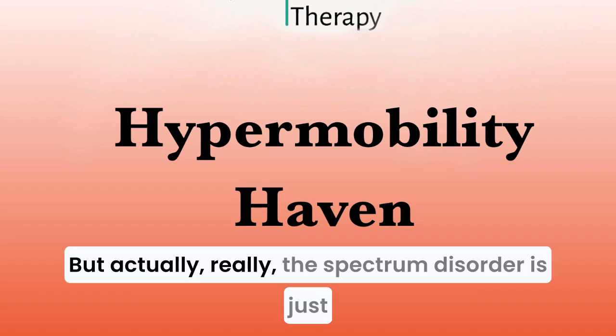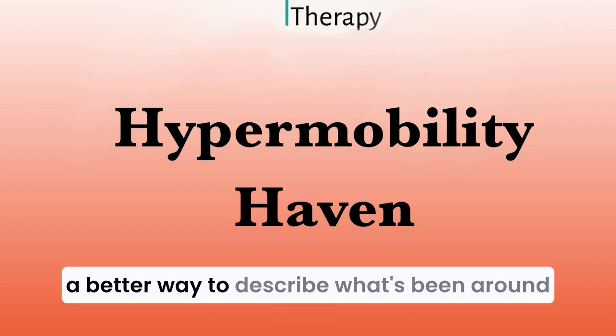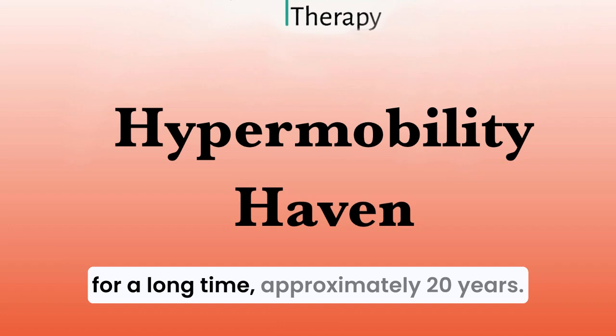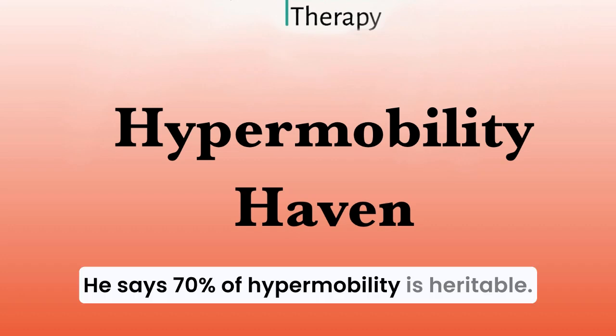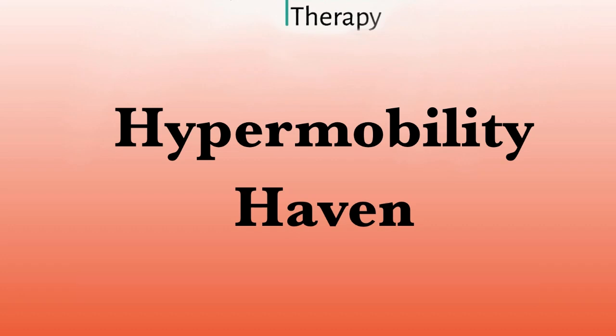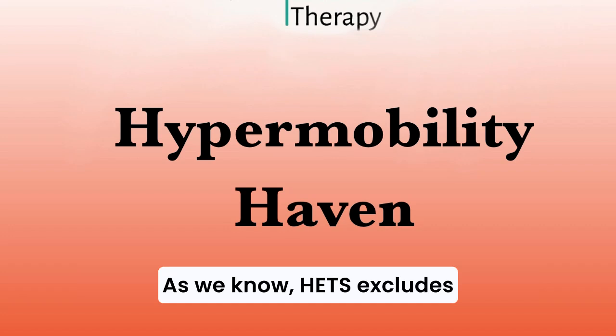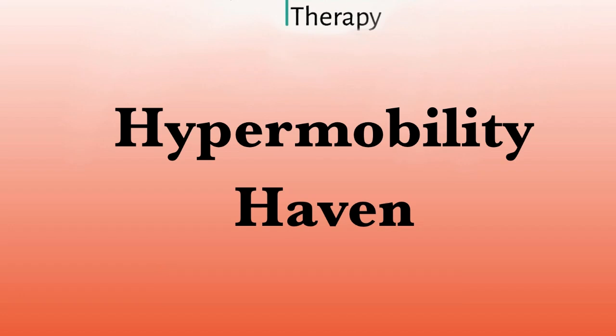But actually, really, the spectrum disorder is just a better way to describe what's been around for a long time, approximately 20 years. He says 70% of hypermobility is heritable. As we know, hEDS excludes acquired connective tissue disorders. That's the main difference.